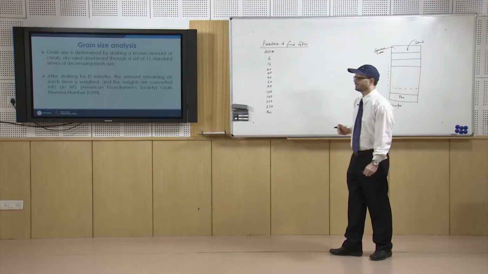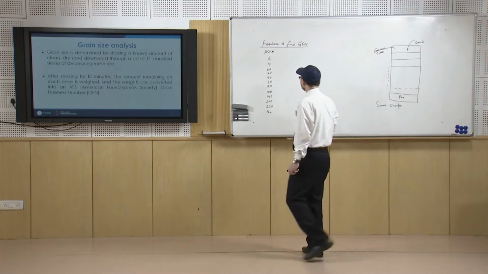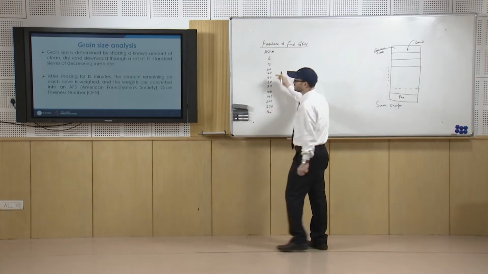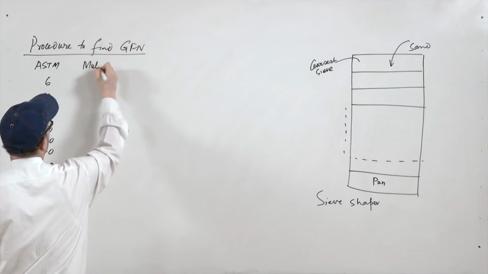So, what you see is you have 11 sieves and then a pan. Now, all these numbered sieves have a certain multiplying factor.